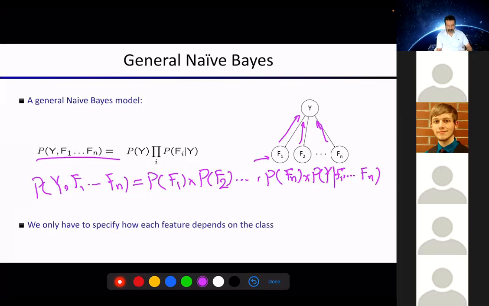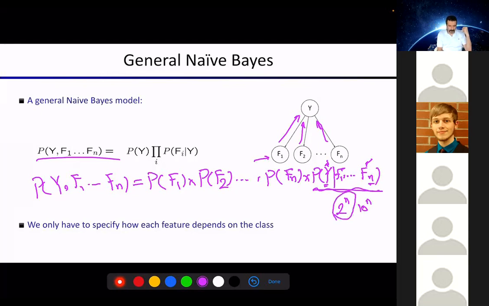So we know how large this probability distribution is. 2 to the n plus 1. Exactly, so this is too large. If we have n variables in the conditions, and one variable here, we have 2 to the n. If f and y only have 2 values each, like 0 and 1, this is the total size of this table.